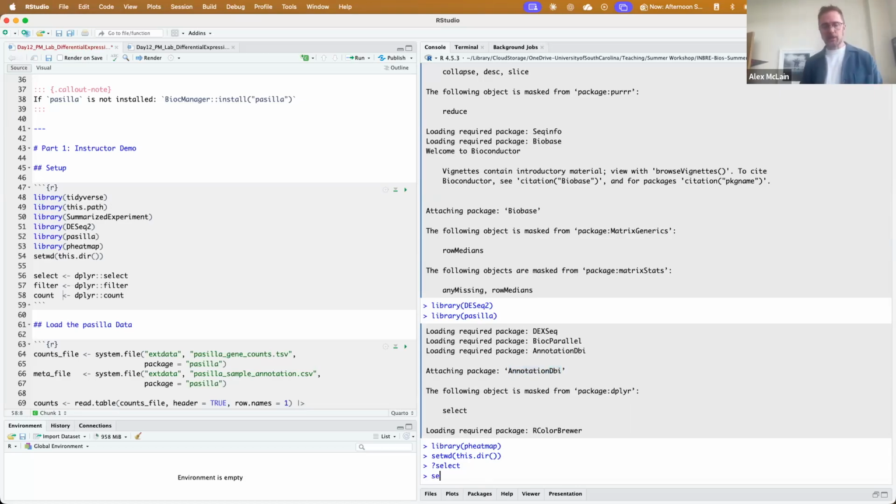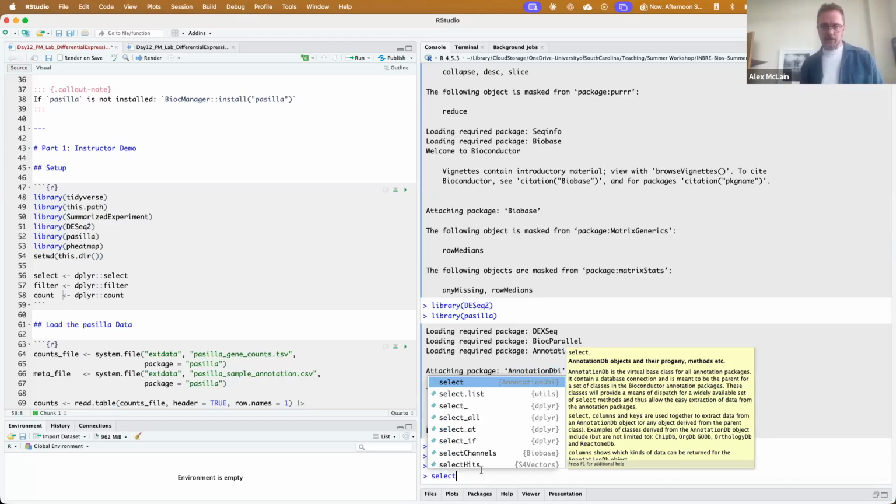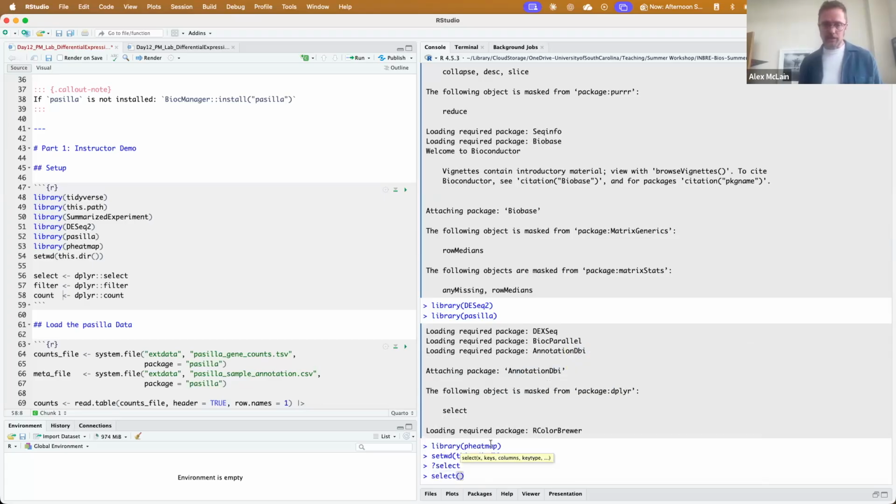So when I just type select, it's going to use the AnnotationDbi version, because that was the last package loaded in. It was loaded in when we loaded in Pasilla.